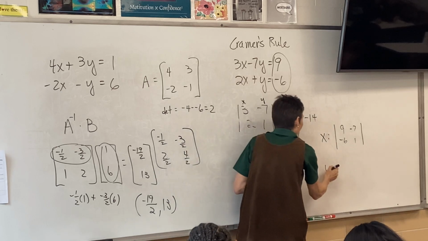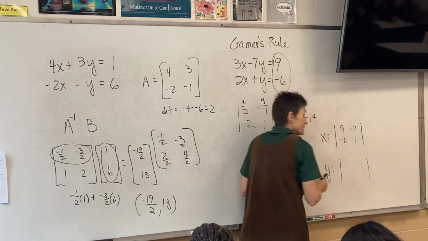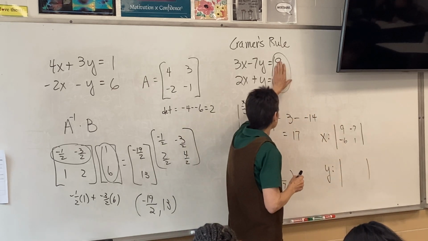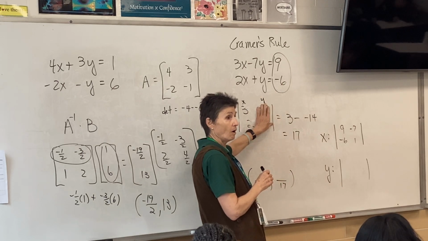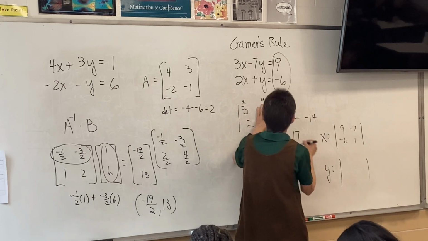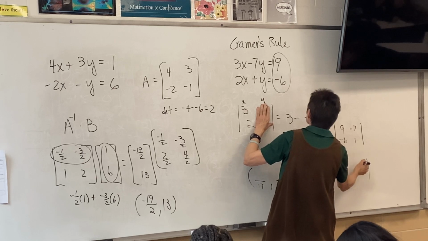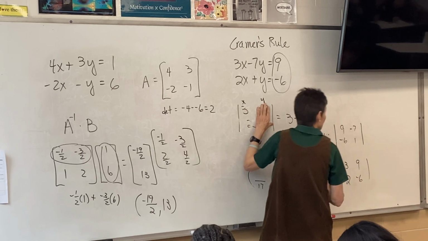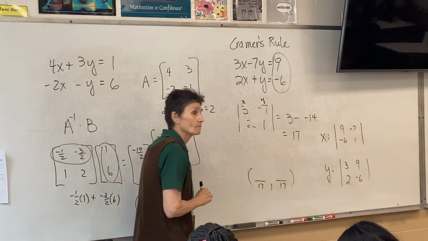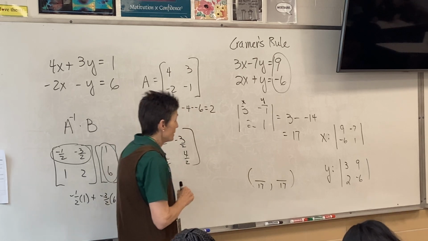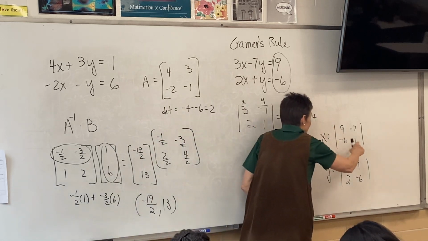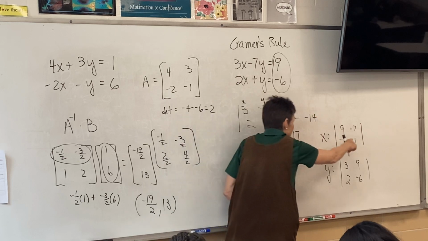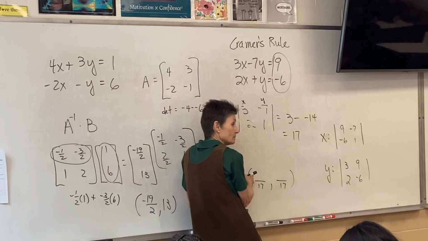And then to do y, guess what? Same thing, only you cut and paste on y's. So that's going to be 3, 2, 9, negative 6. Now, evaluate this determinant, and that's what goes right here.